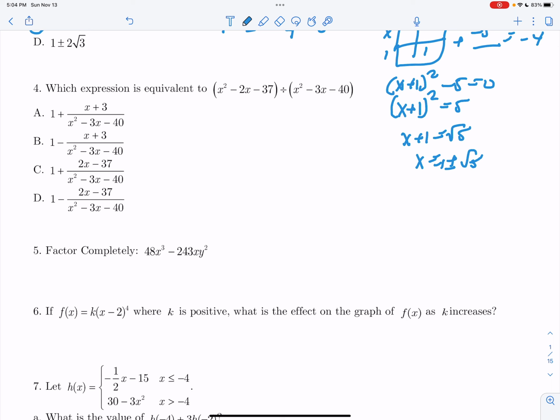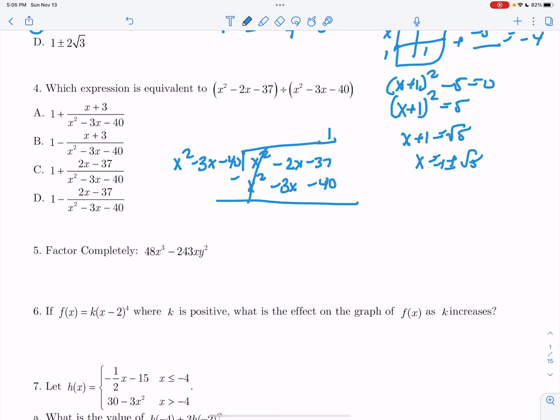Number 4, which expression is equivalent to this lovely thing right here? -2x minus -3x is an x.